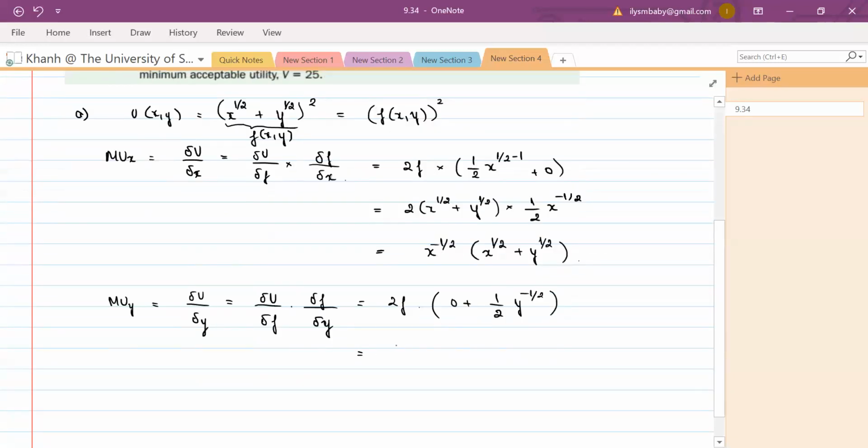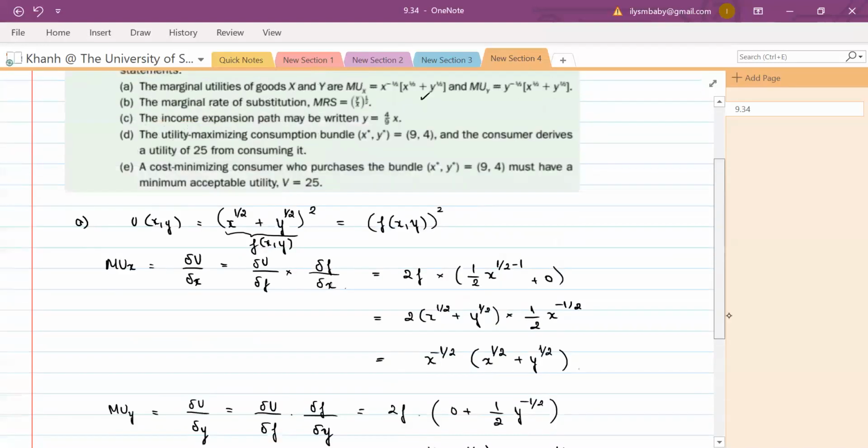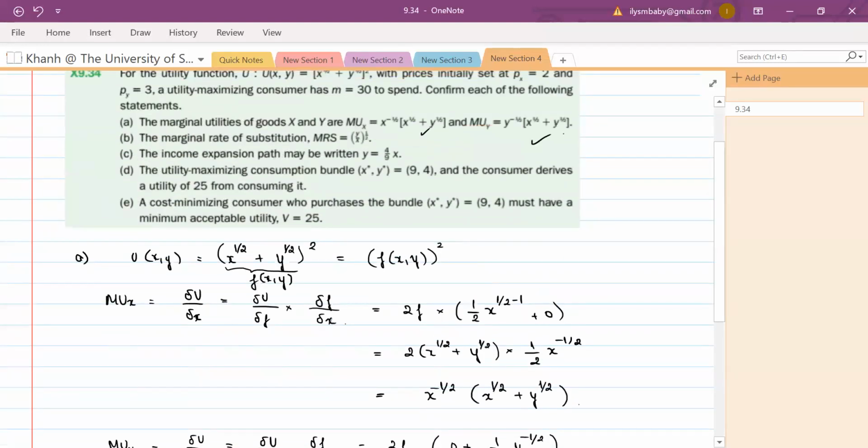So 2f is 2 times (x to the power half plus y to the power half), times a half of y to the power negative half. The 2 cancels out, and you are left with y to the power negative half times (x to the power half plus y to the power half). That is what the question asks you to prove.